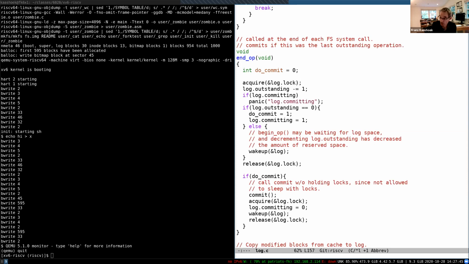If we're not the last, and there's space left, we wake up a waiting process so that it can start running. So even this dirt simple logging system that xv6 has comes with a bunch of complications.